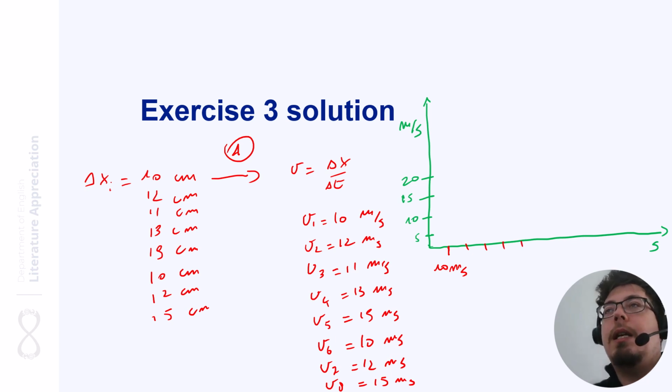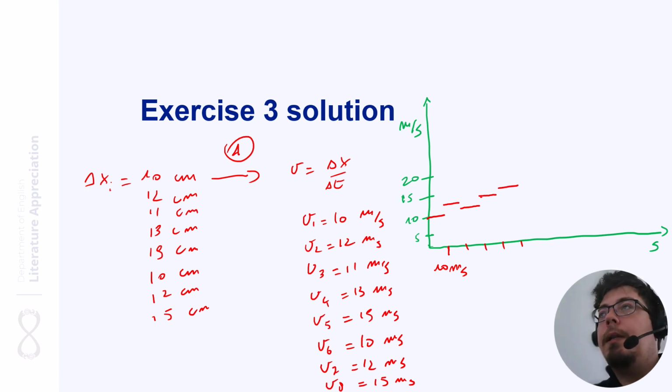So the first is 10, and then we abruptly jump to 12, and then we go to 11 for another bit, and then we go to 13, which is a little bit more. Actually, the next is 19.